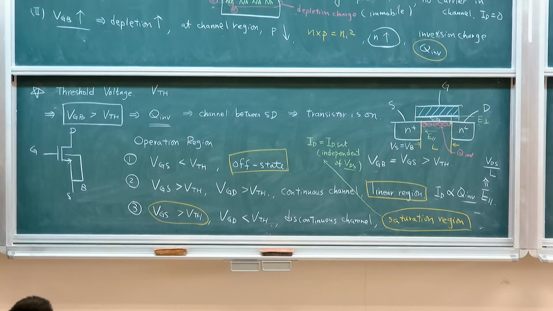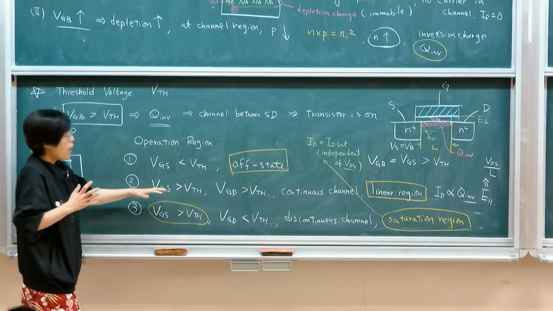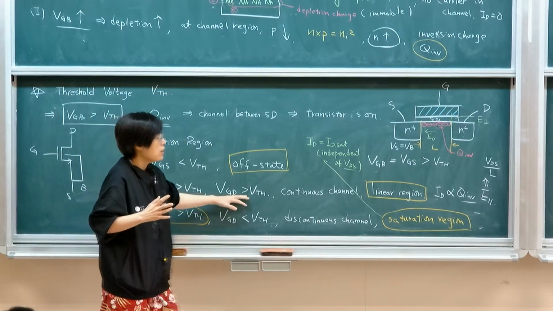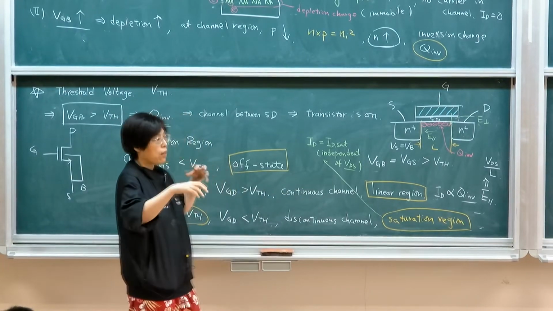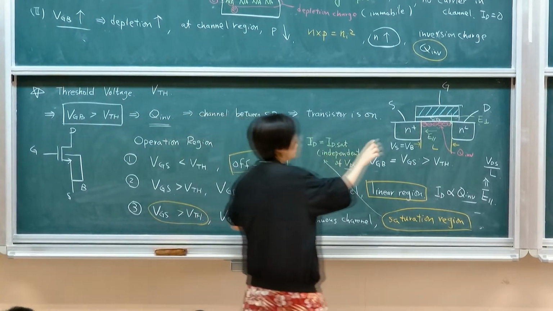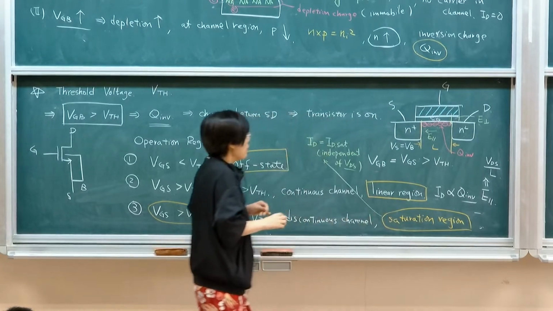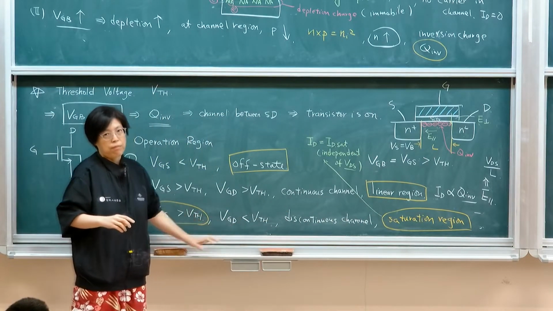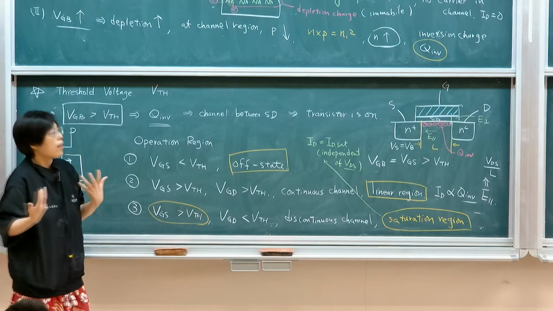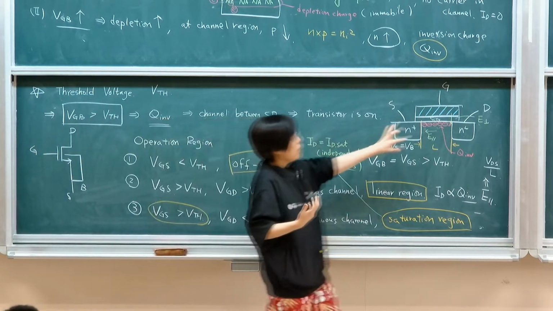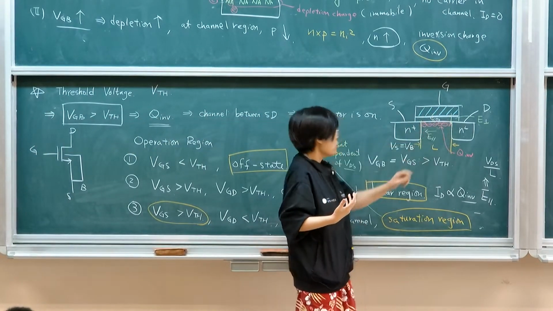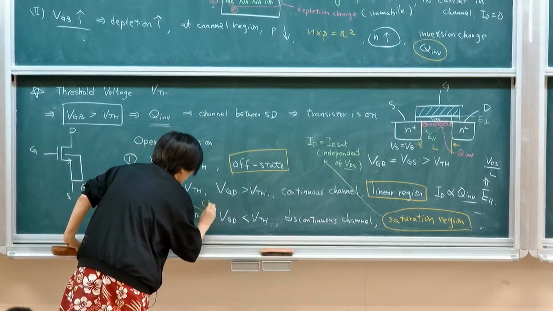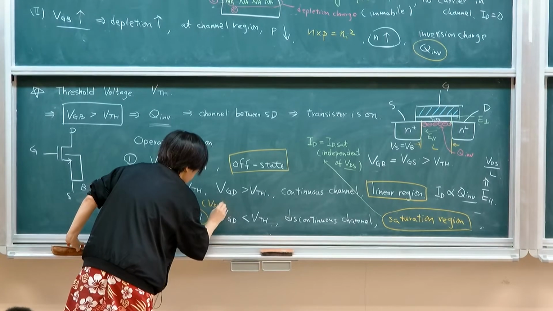But there are two types of scenario. One is that we have both sides inverted. When both sides are inverted, you have a continuous channel with continuous electrons. If my drain side voltage is raised to a certain level where VGD is lower, this mainly happens when VDS increases.